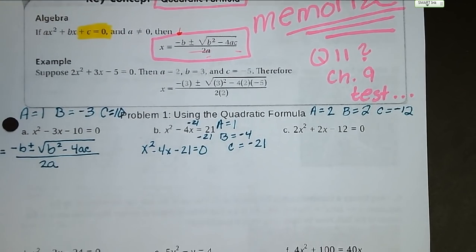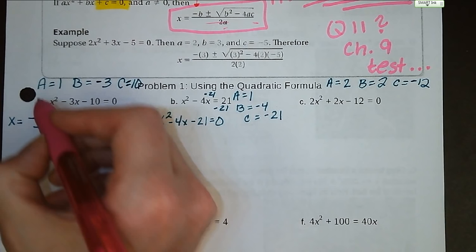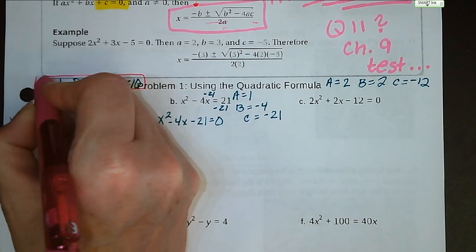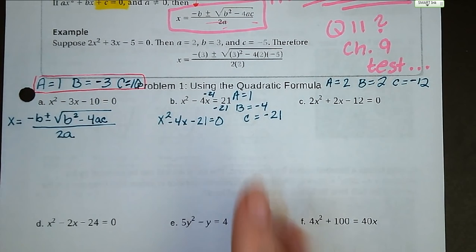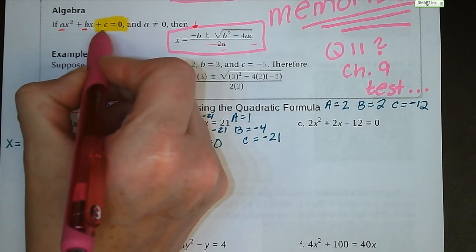All right. So, letter A in problem number 1, using the quadratic formula, Mrs. Zirzo has already started writing in some information. Above the equation, she identified what her a, b, and c values were: a is 1, b is negative 3, and c is negative 10.